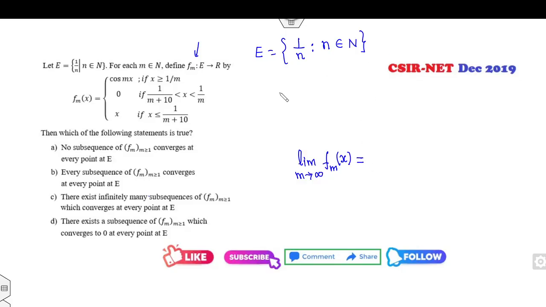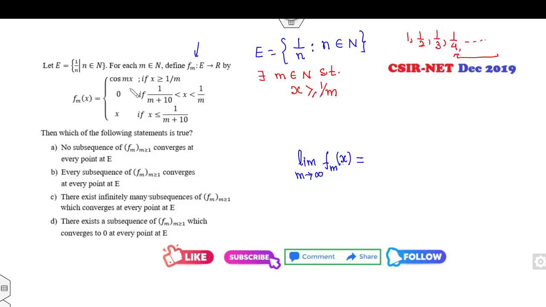Now clearly, again I can use the subsequence concept. I can find one natural number n such that x will be greater than or equal to 1 over m, because these numbers are 1, 1 over 2, 1 over 3, 1 over 4. I can find some number x whose value will be greater than this case.